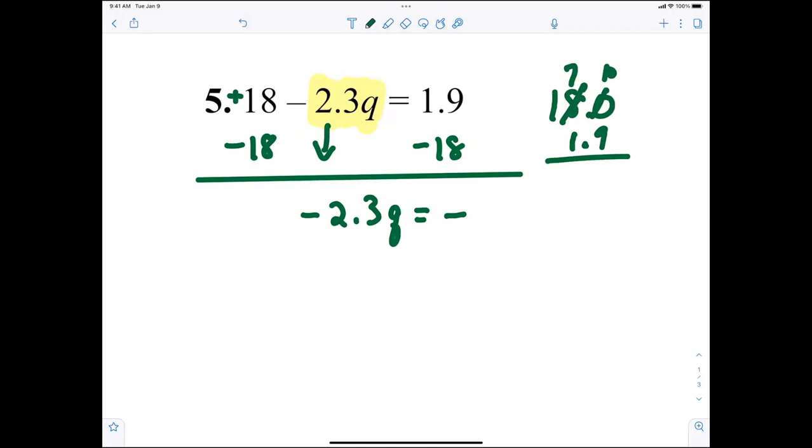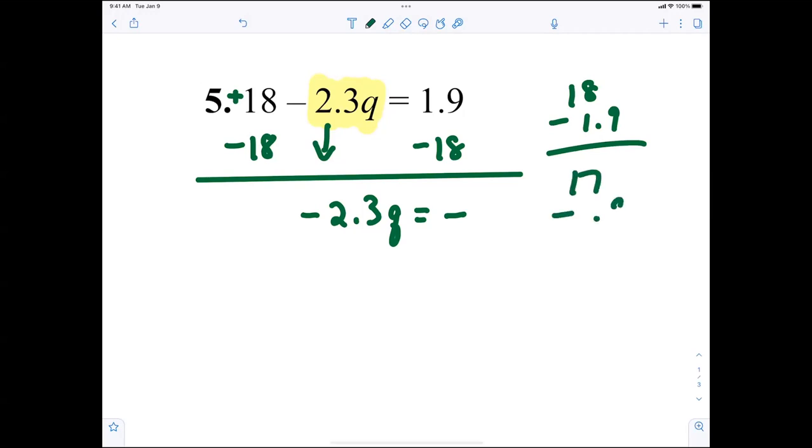Don't do that anymore. You're just subtracting 18 minus 1.9. So you just subtract 1. When you subtract 1, you get what? You get 17, and then subtract 0.9. So it's 16.1. All right, everybody okay with that?